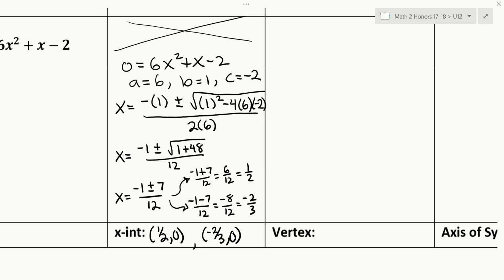And whenever the square root goes away, that means, first of all, it's going to factor. There's no square roots, so I could have factored this. You're going to have to split it up, one with the plus sign, one with the minus sign, and it gives you your two answers. So we got 1/2, 0 and negative 2/3, 0.